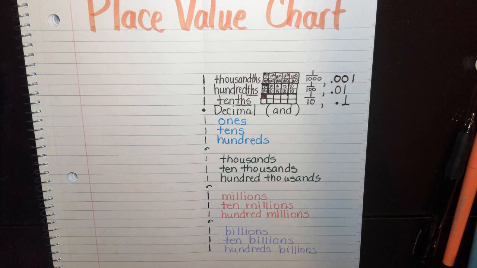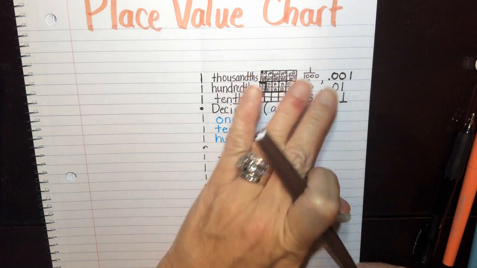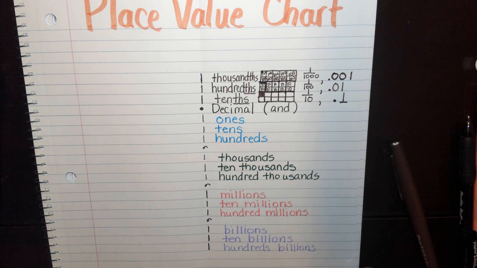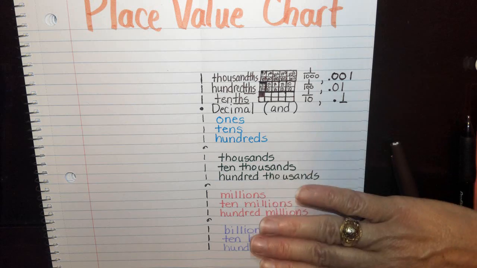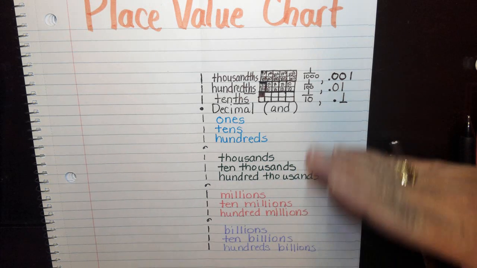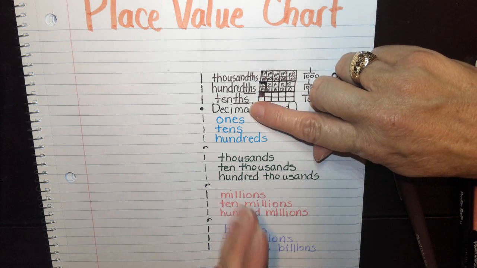Okay, so now that we have some pictorial representations and some fraction and decimal representations, and we've got our place value, what we're going to be doing now is practicing understanding and knowing these place values, the places in order. We need to know the correct order from the decimal.